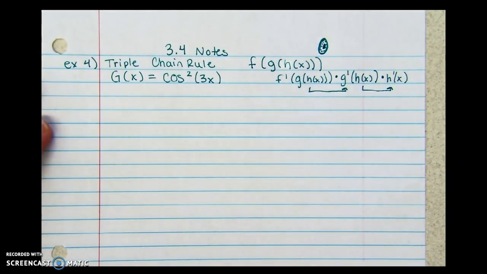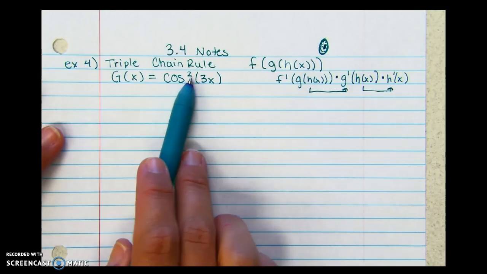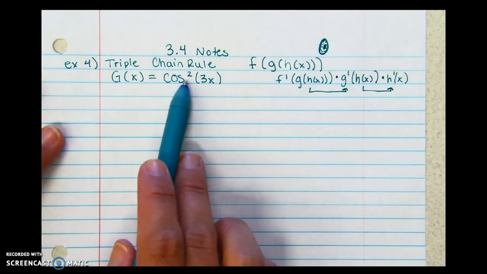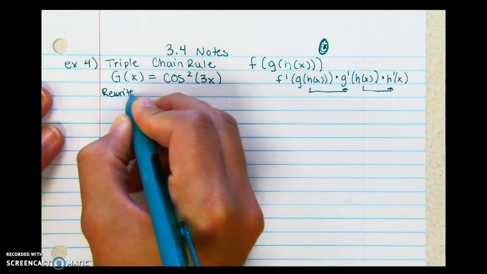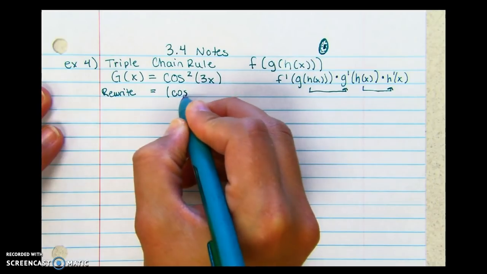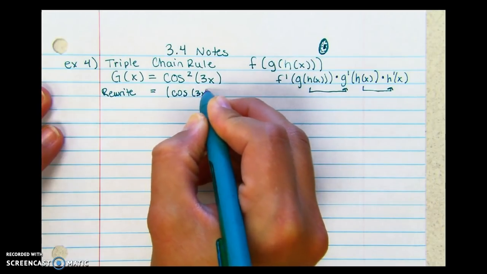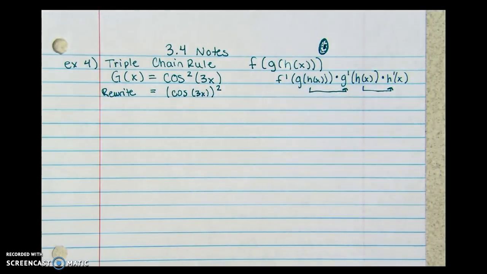Okay, you ready? This doesn't look like a triple chain rule because it says cosine squared of 3x, but what we really need to do is rewrite these. This is a very popular question to go on a test or a quiz or the AP exam, because if you get this, you pretty much get a bunch of rules, so it's a good one to test on.